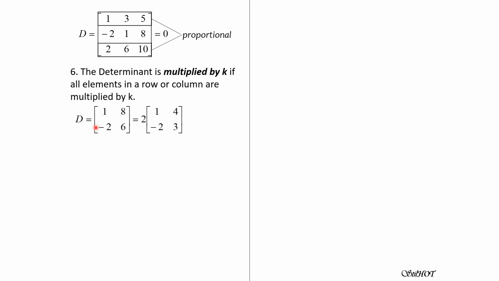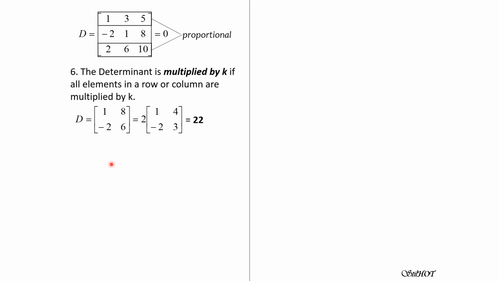We have the same column 1 elements, and column 2 elements multiplied by 2: 2 times 4 is 8, 2 times 3 is 6. So we expect that the determinant of this is 2 times 11, or 22. So it's 22.